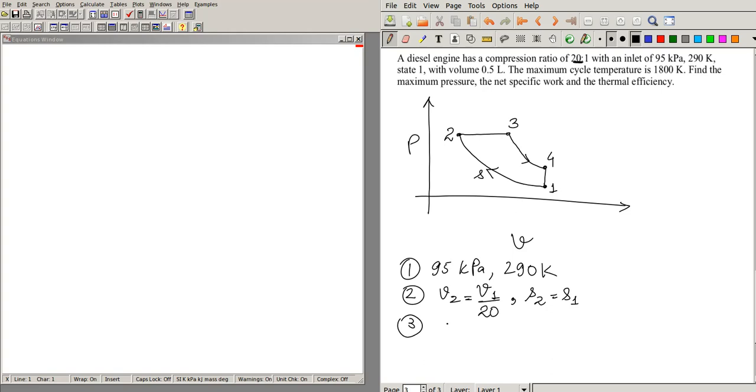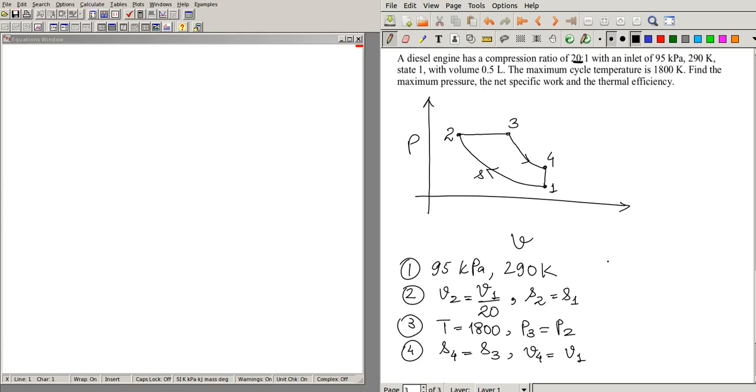Now state 3, because we are adding heat, will be at a temperature of 1800 Kelvin, which is the maximum temperature given, and the pressure at point 3 will be the same as the pressure at point 2. Coming to state point 4, the entropy at state point 4 will be equal to the entropy at state point 3, and the specific volume at state point 4 will be equal to the specific volume at state point 1.